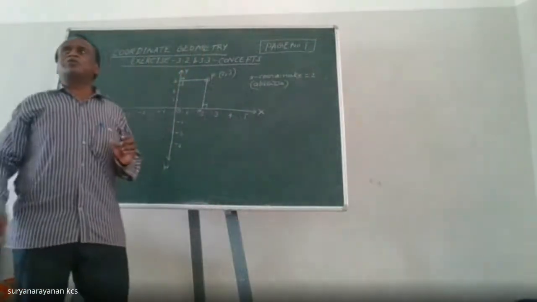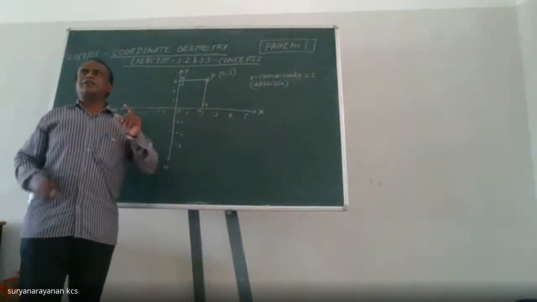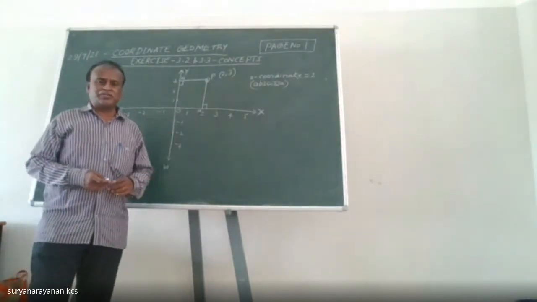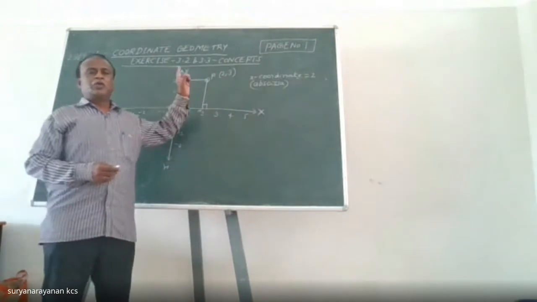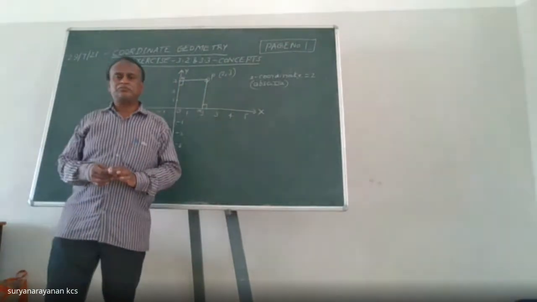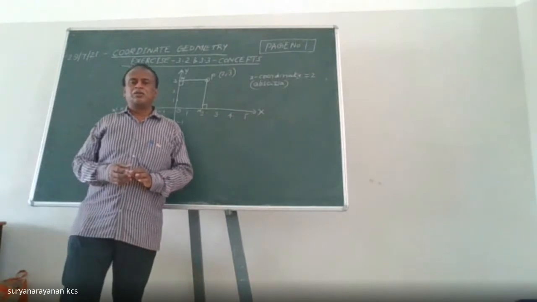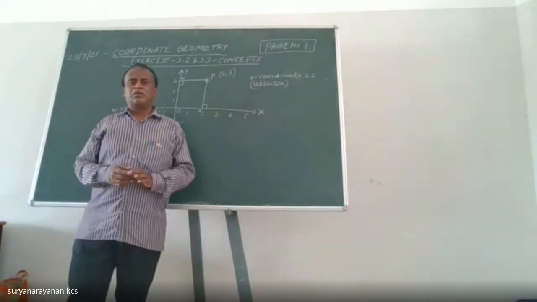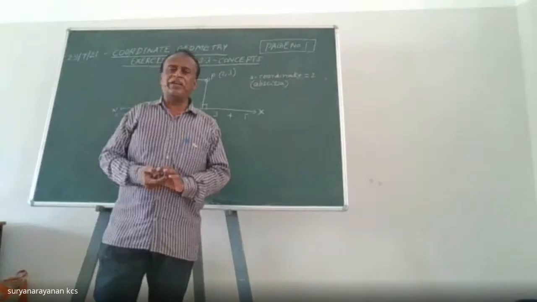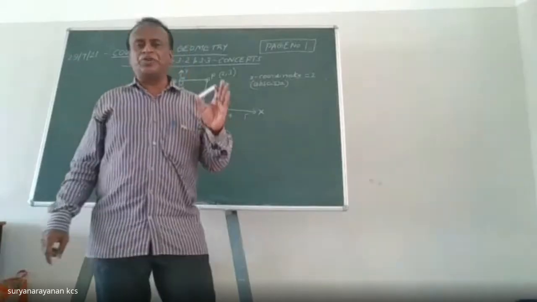First, listen to the question carefully and understand it completely. Then answer my question. I asked you, what is the abscissa of the point P? Sir, 2, 3. 2 only, not 2, 3.